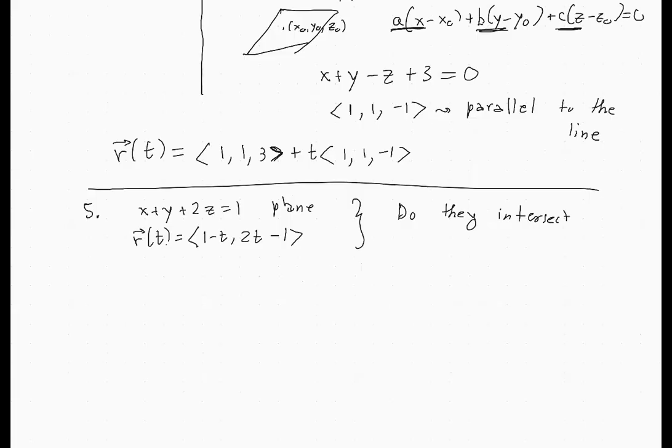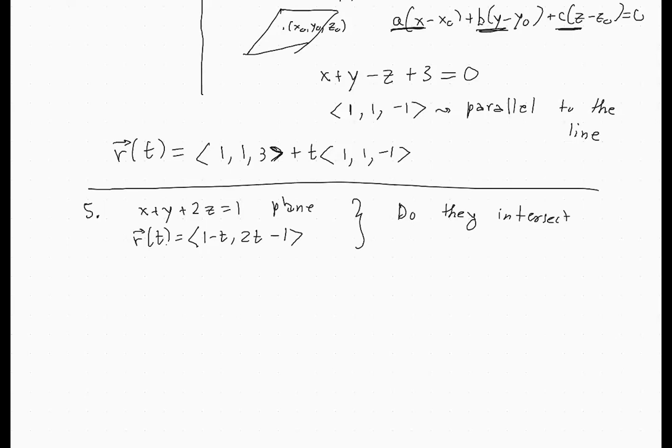The plane equation works how? You find triples of numbers x, y, z that satisfy it, and such points that have those triples of numbers as their coordinates belong to the plane, and conversely. So if you want to see if there is a point that does both, what you need to do is take the components of the line and plug them into the plane.